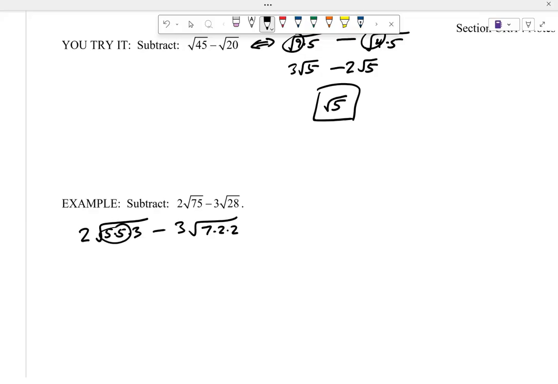So it looks like I got a 5 coming out. So I could get a 2 coming out. So I got 10 root 3 minus 6 root 7.